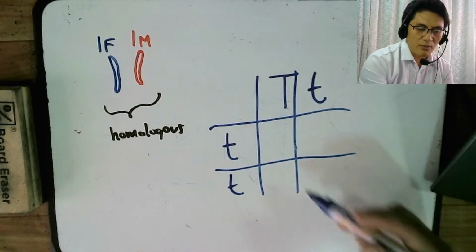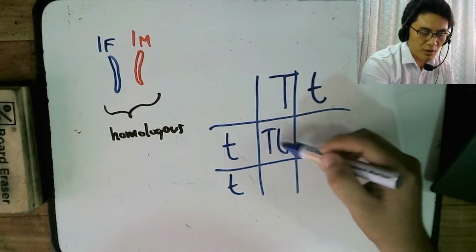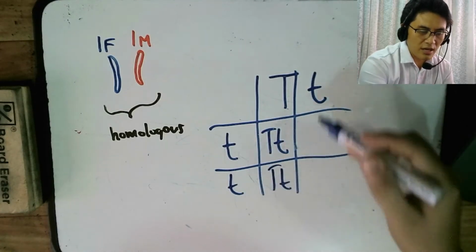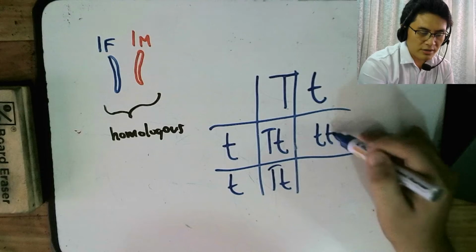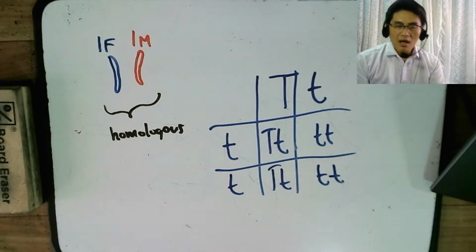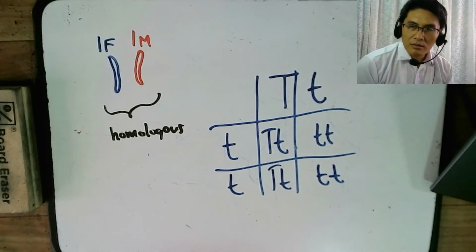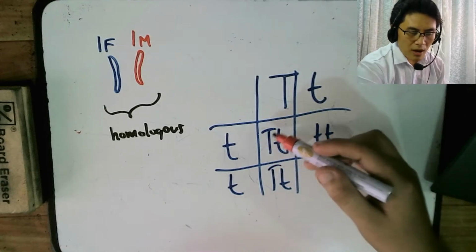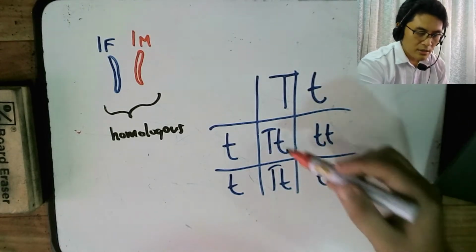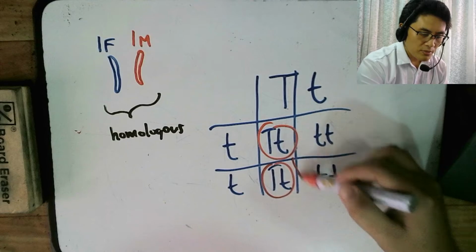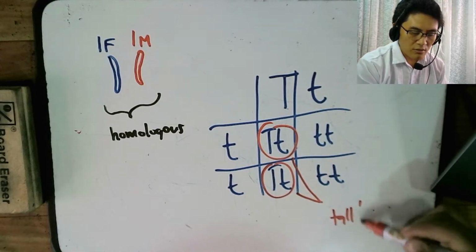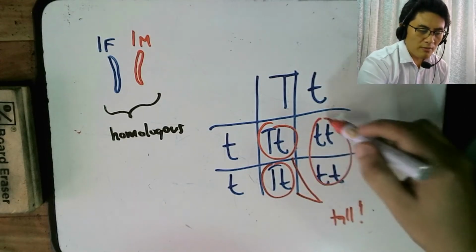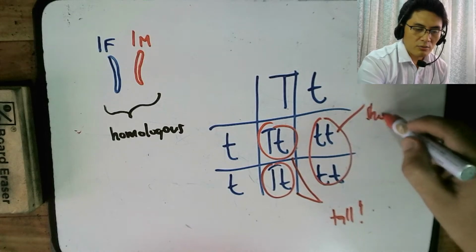You do this, and then you say, well, this offspring will be capital T, small t, this offspring will be capital T, small t, this offspring will be small t, and this offspring will be small t. And then usually we say that, well, out of the four possibilities, two of those offspring will be tall, and two of them will be short.